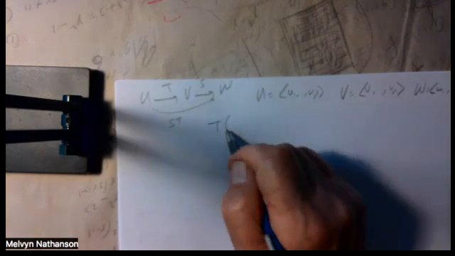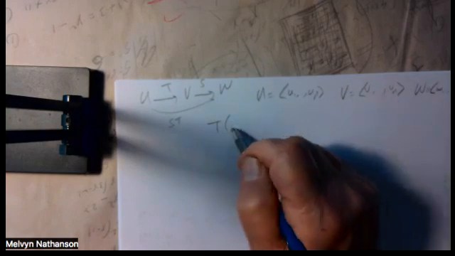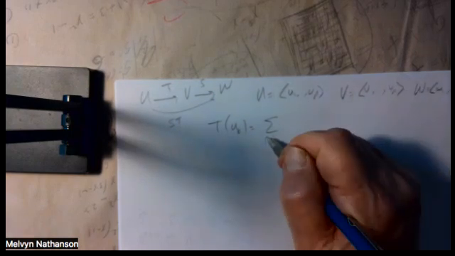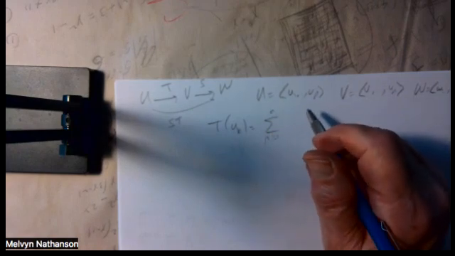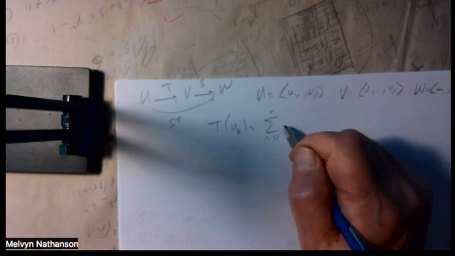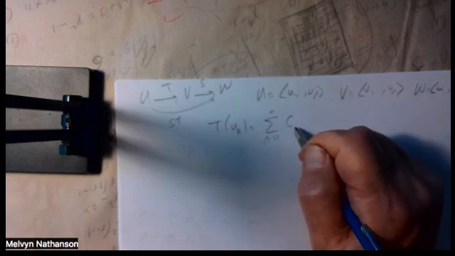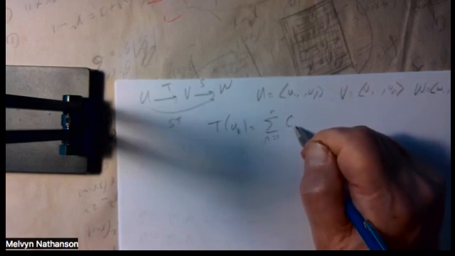So when I want to know what is the matrix for T, T of the vector U sub k is going to be some linear combination, sum as r goes from 1 to n of C sub rk V sub r.